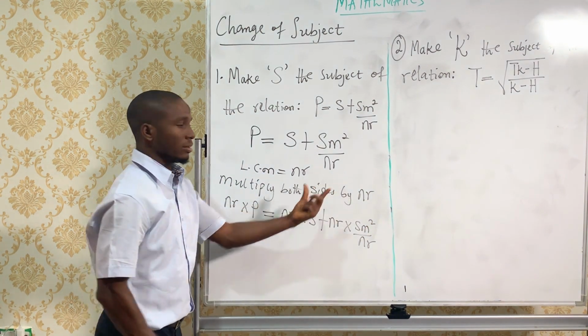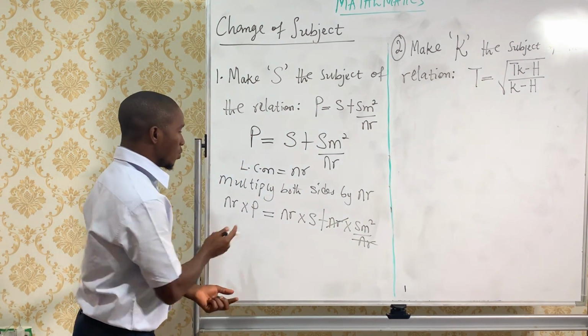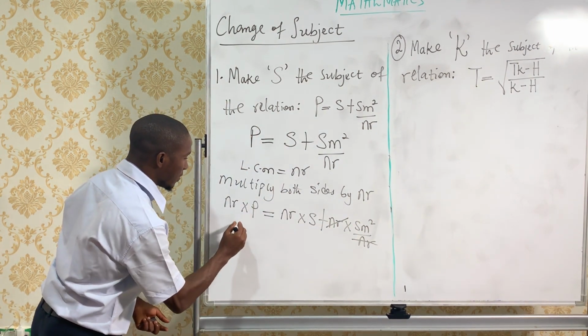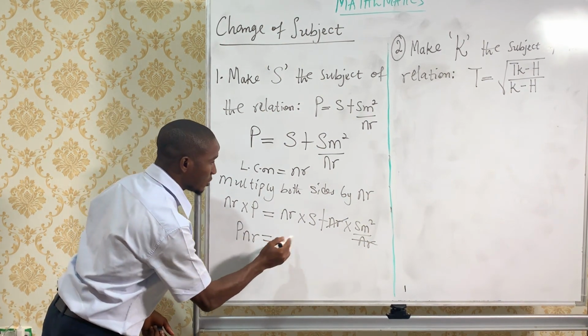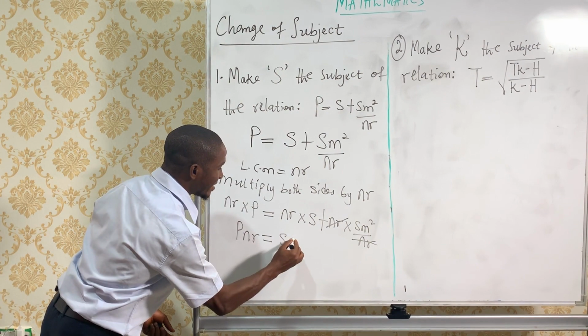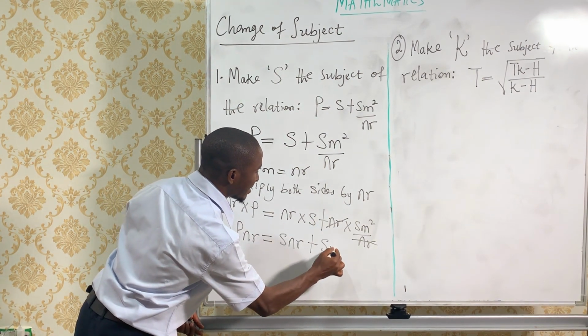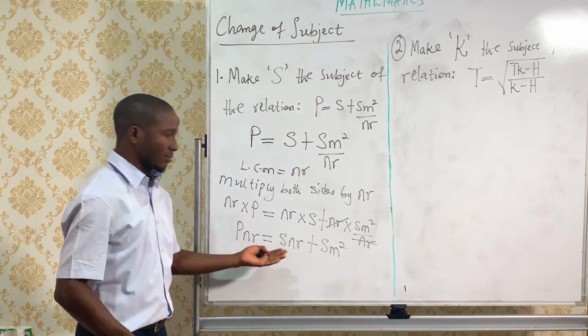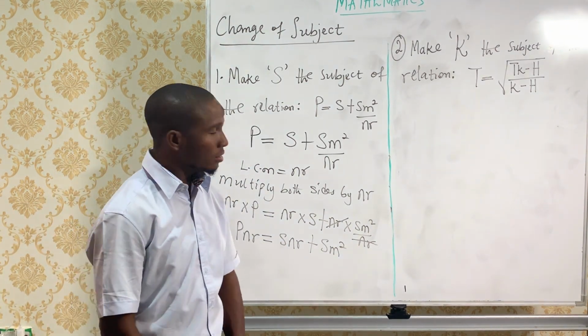NR can now eliminate NR. We now have PNR equals SNR plus Sm squared. Now we have this without any fraction.